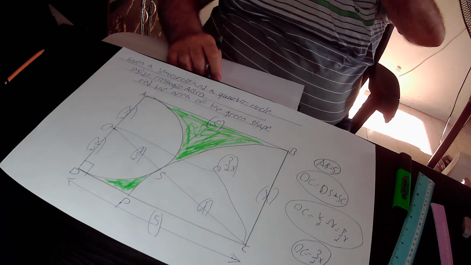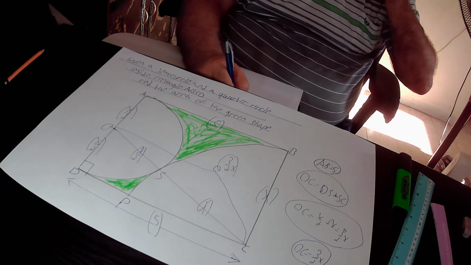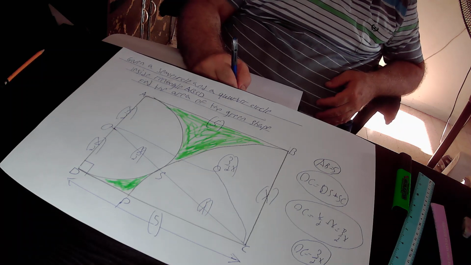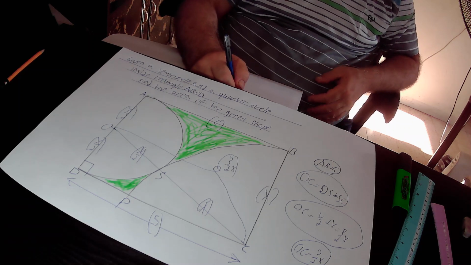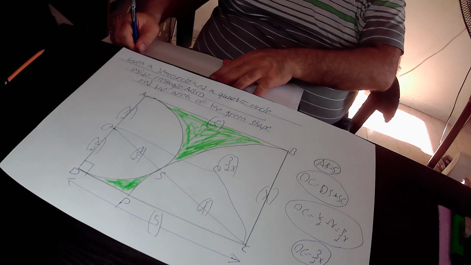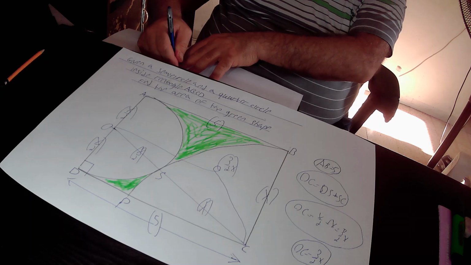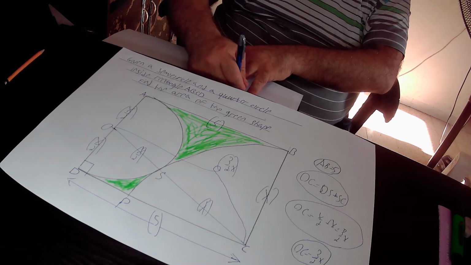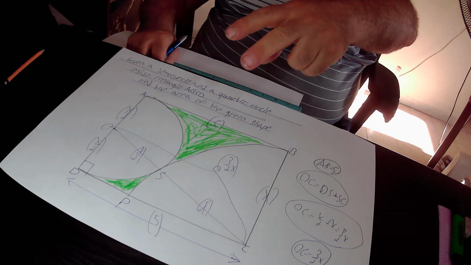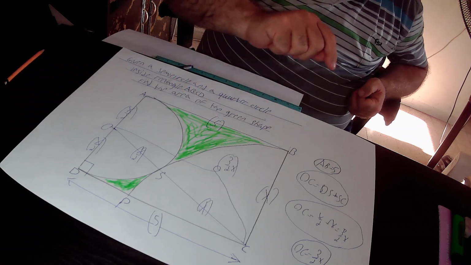Our mission is to find out the area of this green shape. So what is the area of the green shape? From the drawing, it is very easy to see that the area of this green shape equals the area of rectangle ABCD minus the area of this semicircle minus the area of the quarter circle.